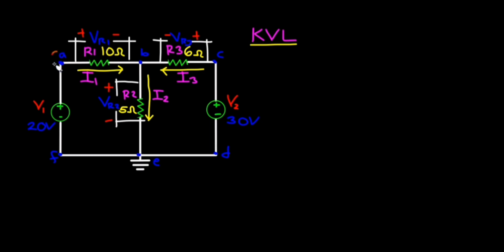Guys, in this circuit we will take the loop ABEFA and BCDEB. Initially, we take the loop ABEFA. So the summation of all voltages in a loop is 0. Positive V1, since its ending polarity here with respect to its loop is positive.